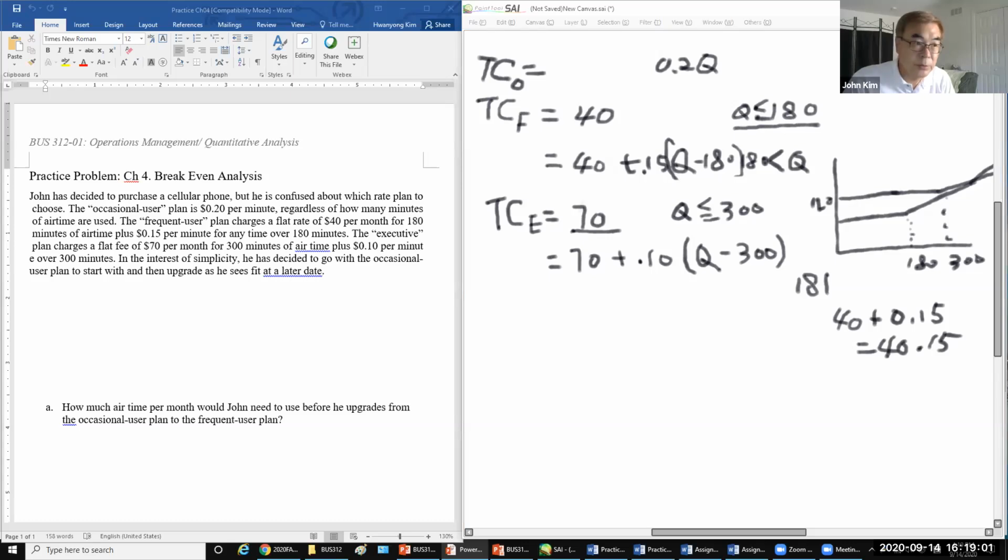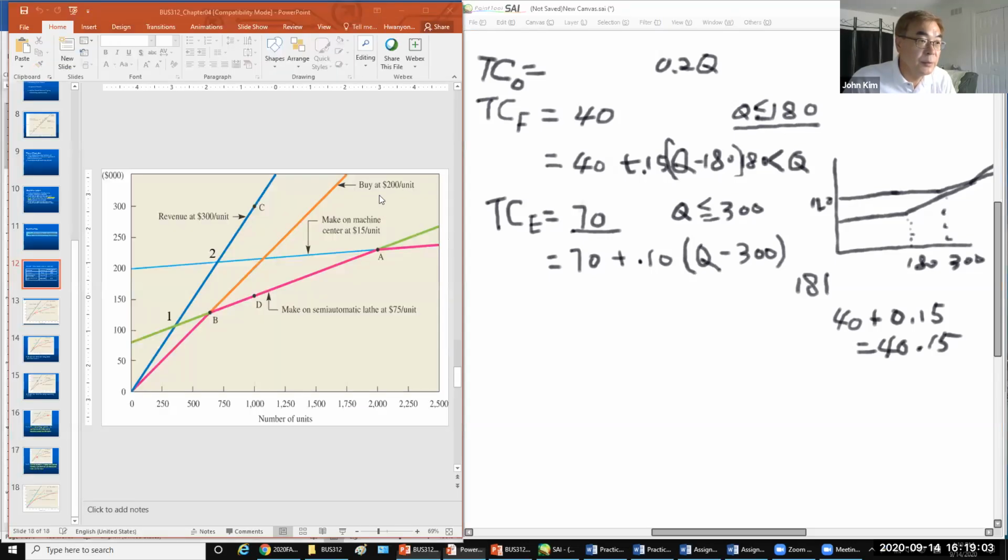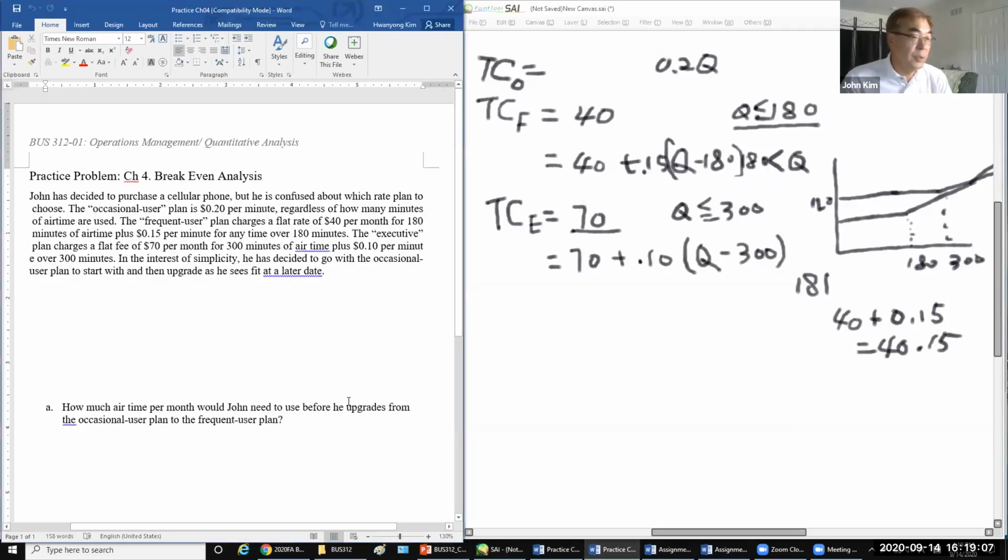So we set three equations. Questions so far? Then I will share the answer.